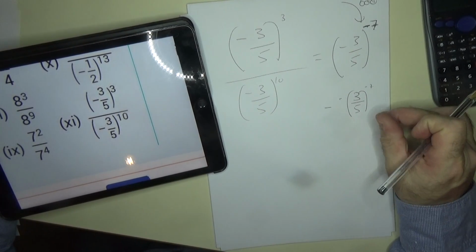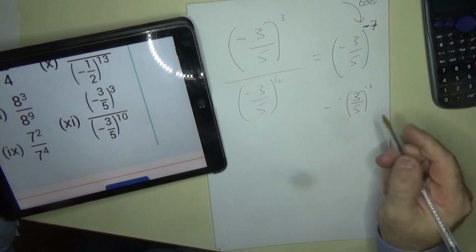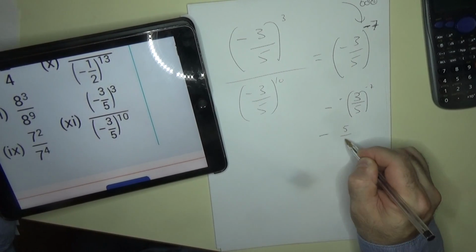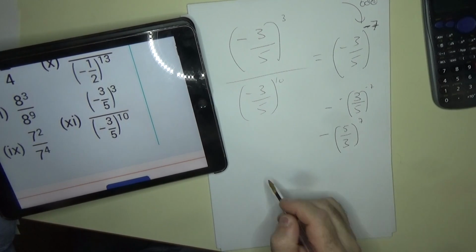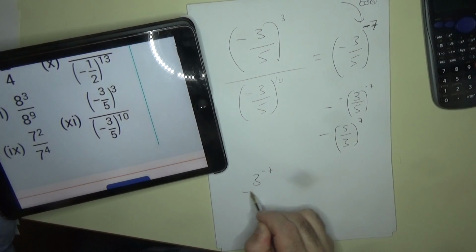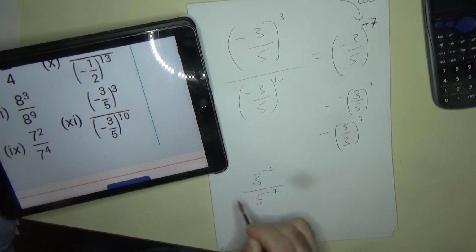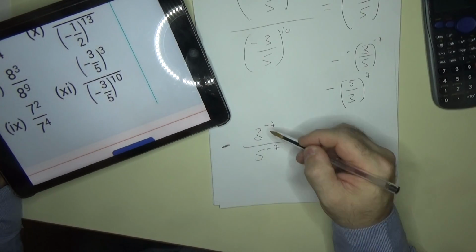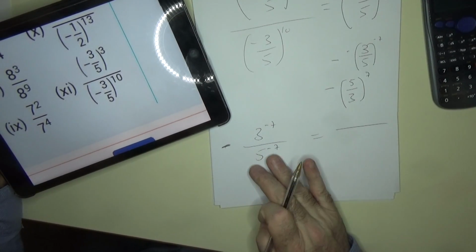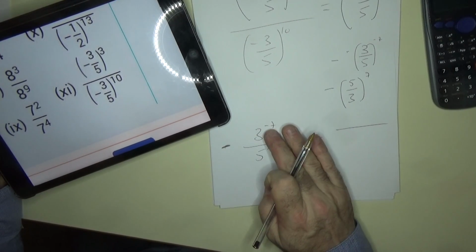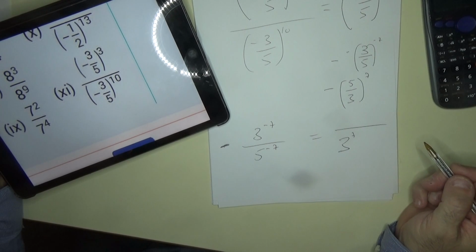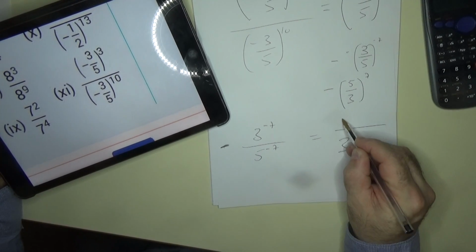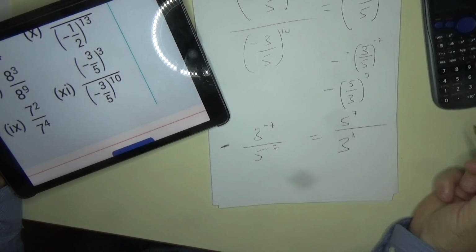Now, it's the same as 5/3 to the power of 7, because it's 3 to the minus 7 over 5 to the minus 7 with a minus in front of it. But ignore the minus in front for now: this 3 to the minus 7 can go downstairs and change sign, and this 5 to the minus 7 can go upstairs and the index changes sign.